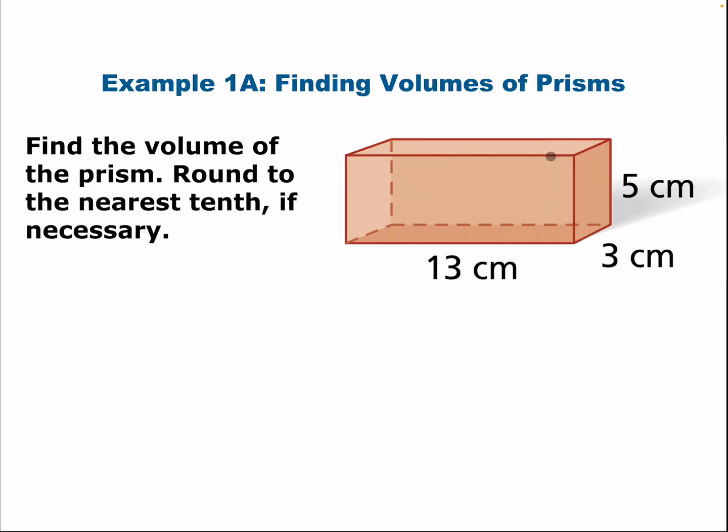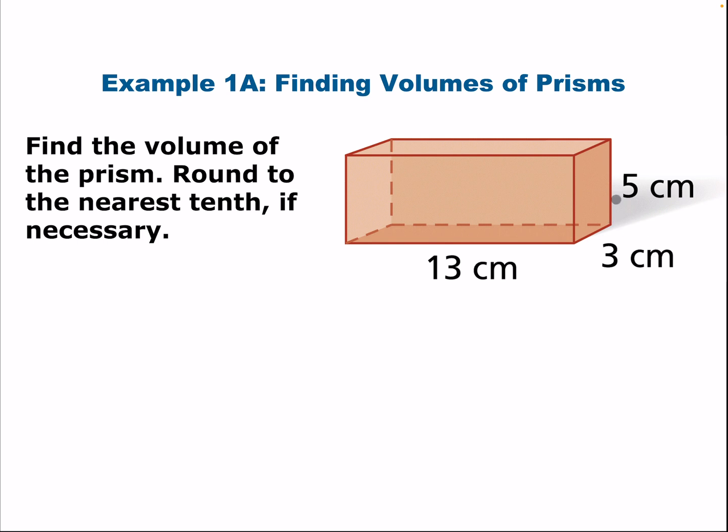So let's look at this one. Find the volume of the prism. Round to the nearest tenth if necessary. Completely unnecessary. So let's do this. Again, it is a rectangular prism. Go back and see what we're supposed to do. Length times width times height. The area of the base. Well, the area of the base is 13 times 3, which is 39.